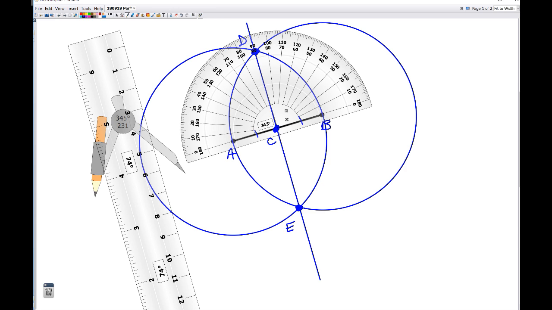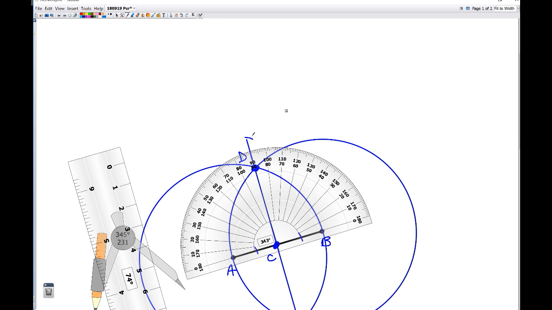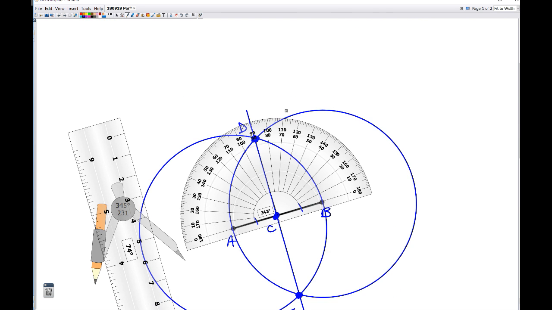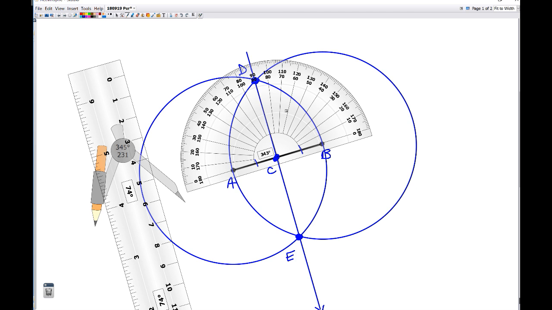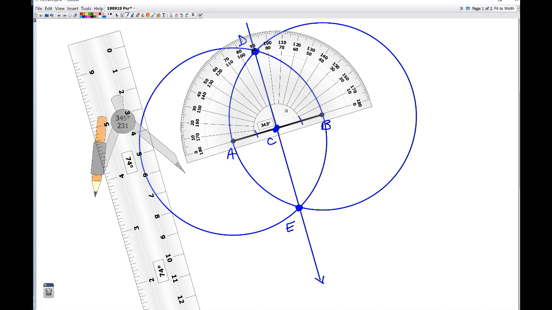And as I do that, I can see that as my line CD extends, we didn't put our arrows on line CD. We need to put our arrows on line CD, don't we? Let's do that real quick. We need an arrow down here, and we need an arrow up there. I'll do that in a second when I move my protractor. So this line DE, we can see that ray CD or ray CE both extend 90 degrees in measurement.